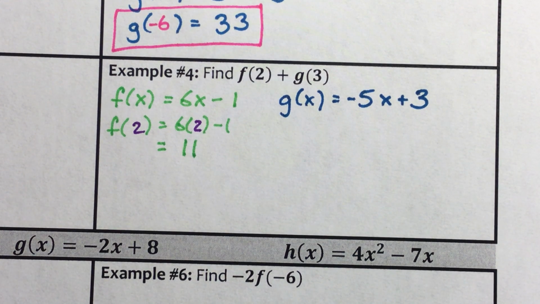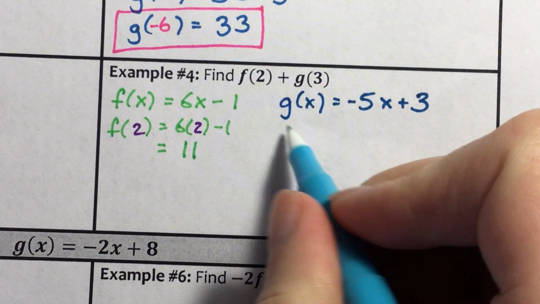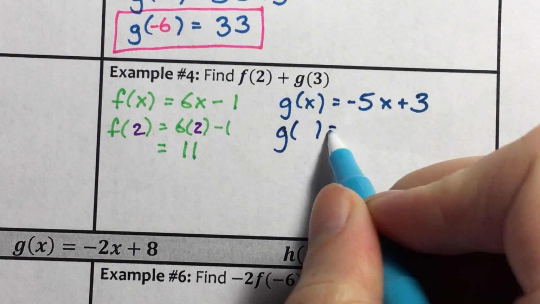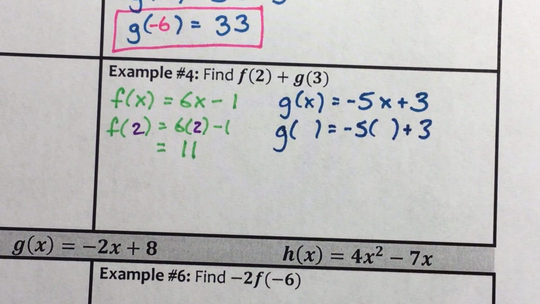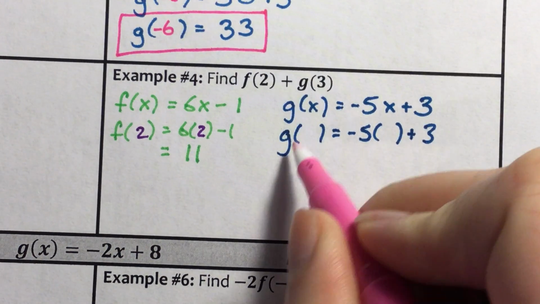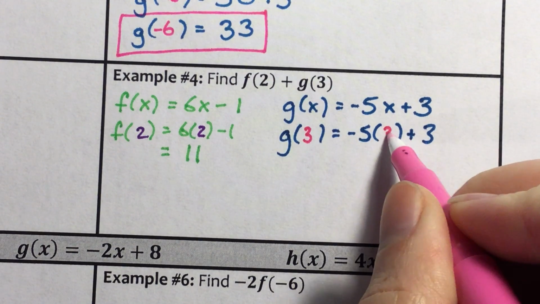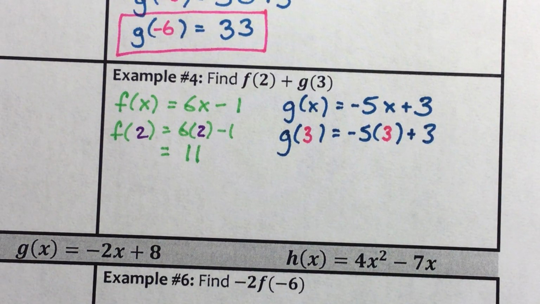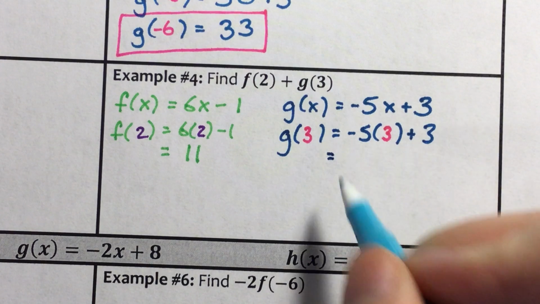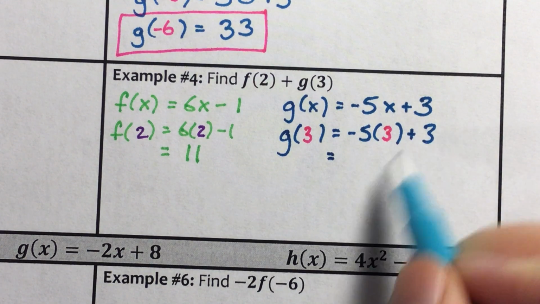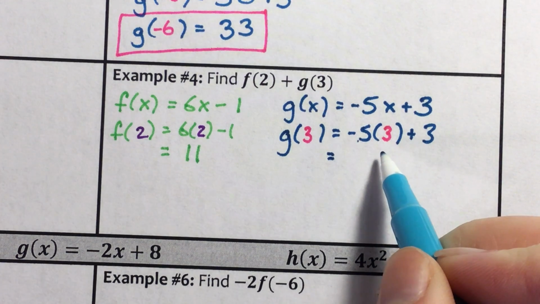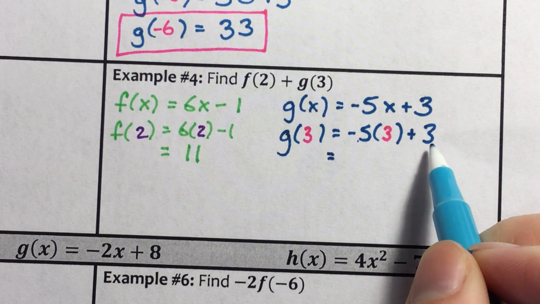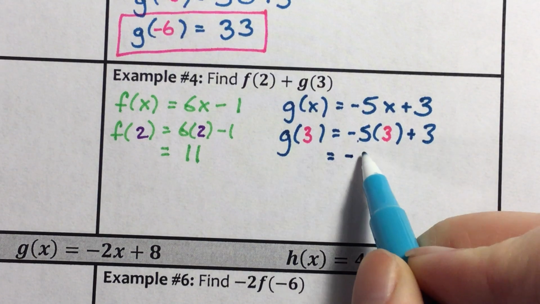And then our g function, g of 3 equals negative 5 times that set of parentheses plus 3. Parentheses everywhere there would be an x. Okay, simplifying, multiply before we add. So negative 5 times 3 is negative 15. And then negative 15 plus 3 is negative 12.